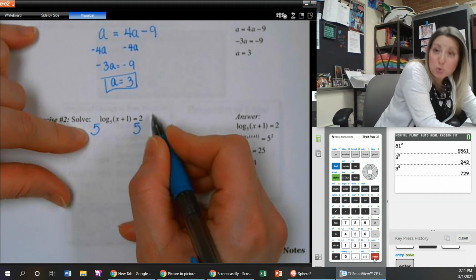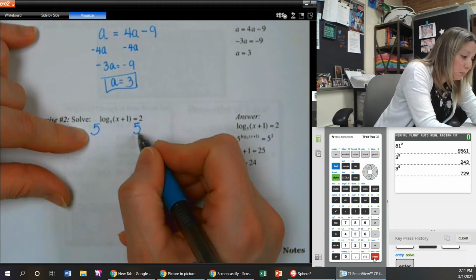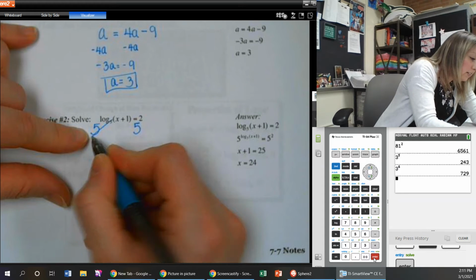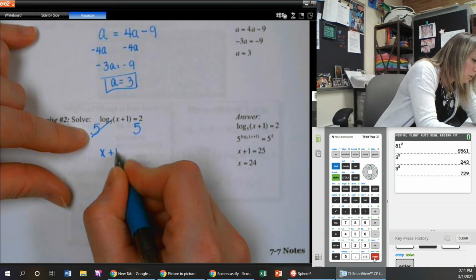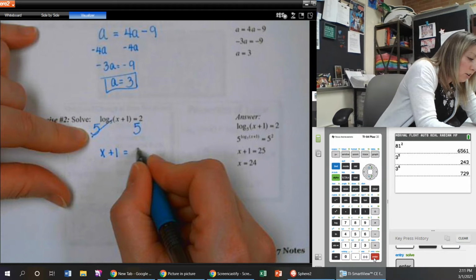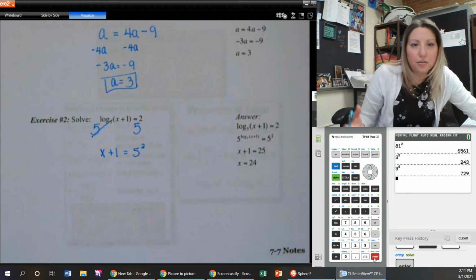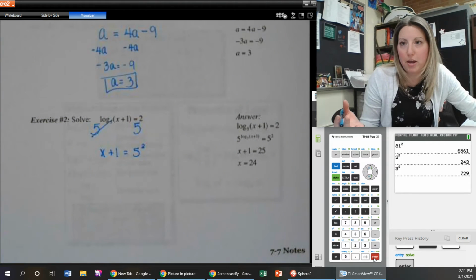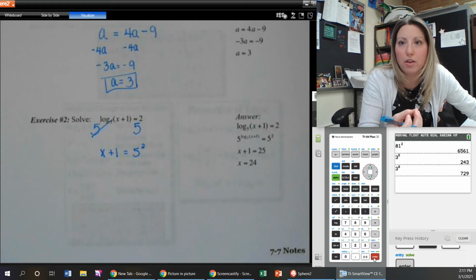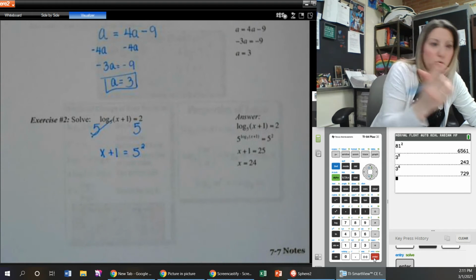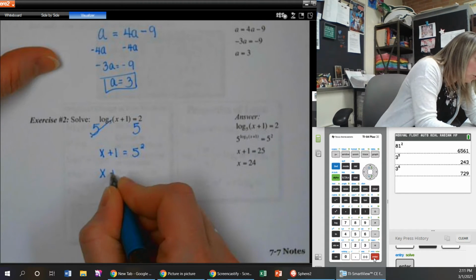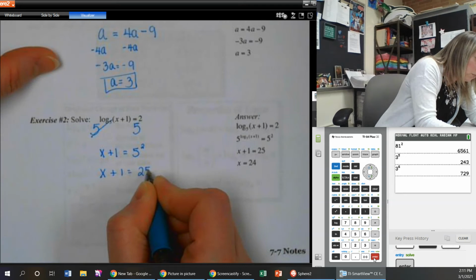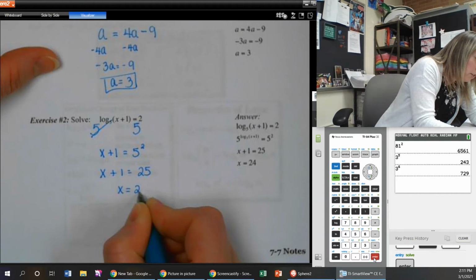That means a 2 is now the exponent on this base of 5. So over here, the cancelization happens and x plus 1 is left. But over here, you've still got 5 squared. There was nothing to cancel. There was no log base 5 that could cancel with. So this is it. 5 squared is 25. X plus 1 equals 25. We'll subtract 1 from both sides and x equals 24.